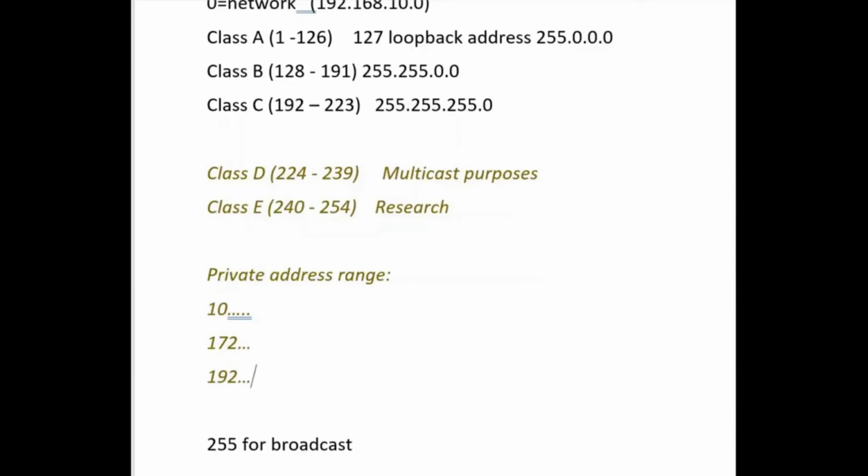Roughly, those addresses are private addresses. But there is a range as well. I'll show you the range, but mostly 10, 172, 192, those addresses are private addresses. Later on, we're going to find out the entire range. Other than that, all addresses are public addresses.